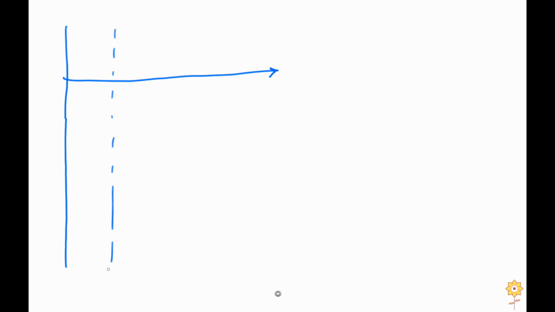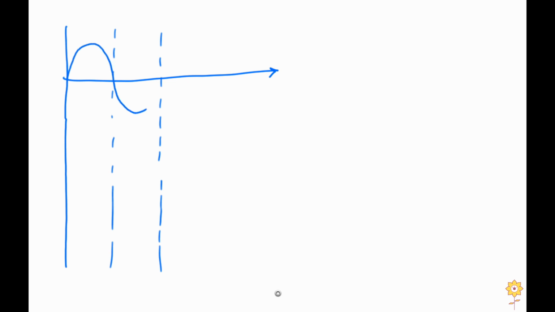Let us see the waveform for Opamp as an inverting amplifier. The input that we give to an Opamp is a sine wave. Let us just consider one cycle of the sine wave.